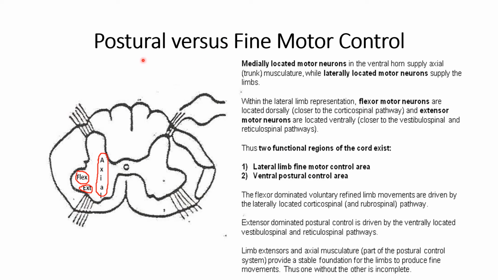Now, we want to recognize that different muscle groups are represented in different locations of the central gray, so that the flexors, particularly those that are driven by the corticospinal tract, are in this lateral portion of the central gray, and they're getting input from the corticospinal tract, while the reticulospinal tract and the vestibulospinal tract more strongly activate axial musculature to control posture.